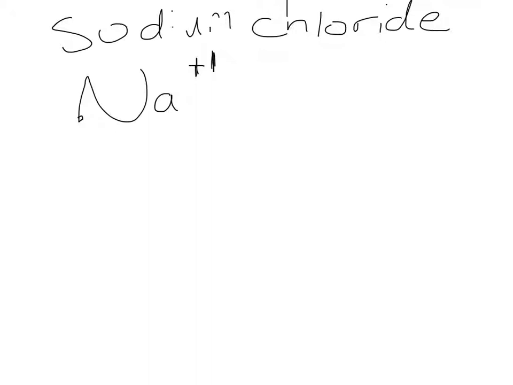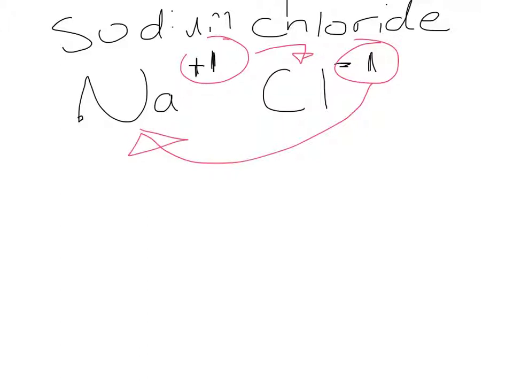Chlorine is going to be Cl with a -1 charge. Alright, so then we're going to take this, move it over here, take this, move it over here. So then you're going to have Na with a -1 and Cl with a +1.